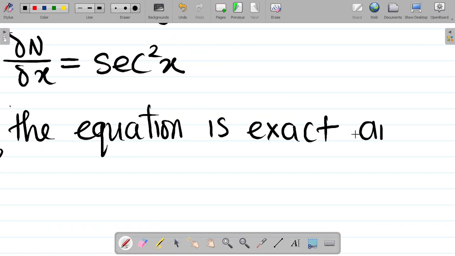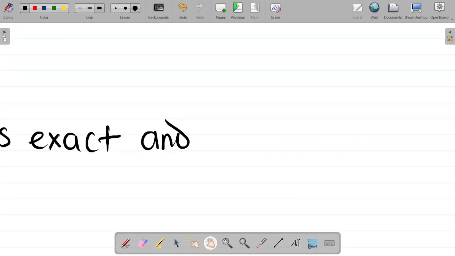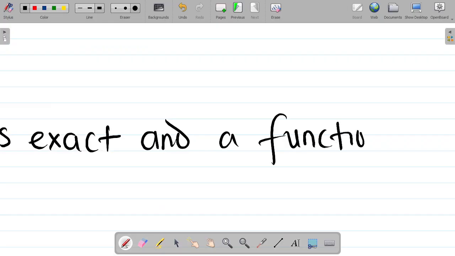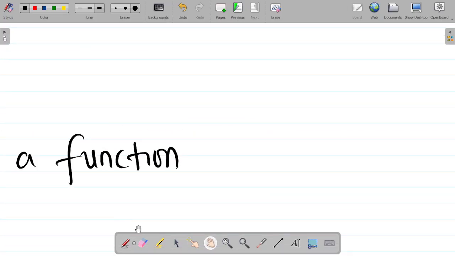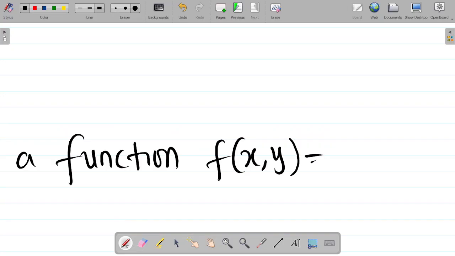And a function f of x, y equal to c exists.